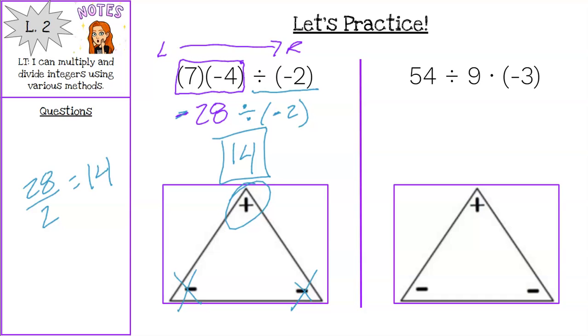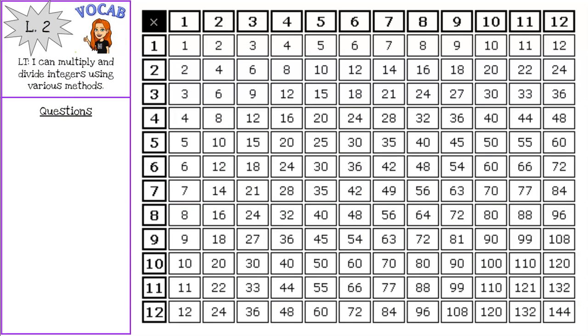One last problem here for us. We have 54 divided by 9 times -3. So again, we can do this problem from left to right. We'll start with the first two numbers, 54 divided by 9. Well, those are two positive numbers, so I know my answer is going to be positive. Let's check to see what 54 divided by 9 is.